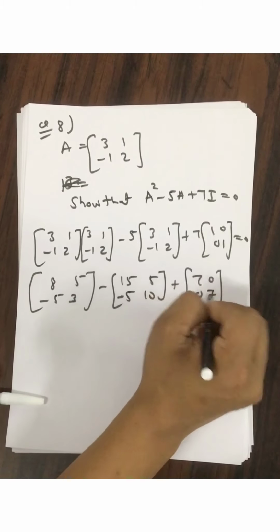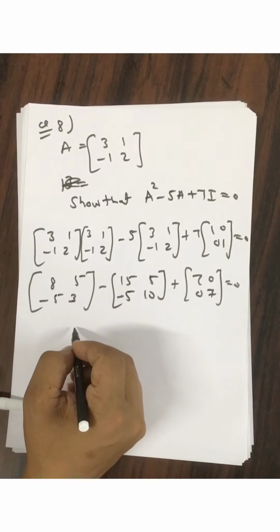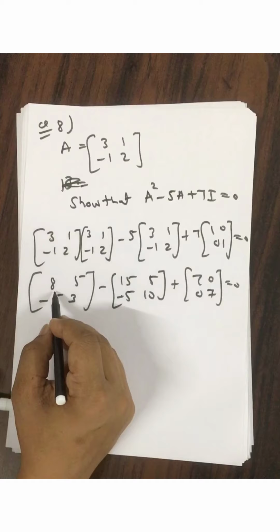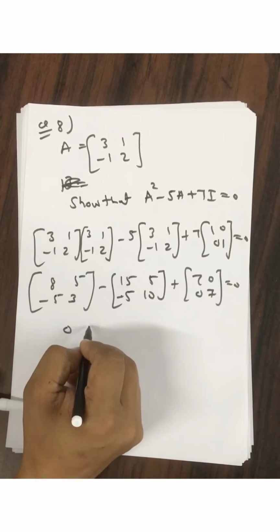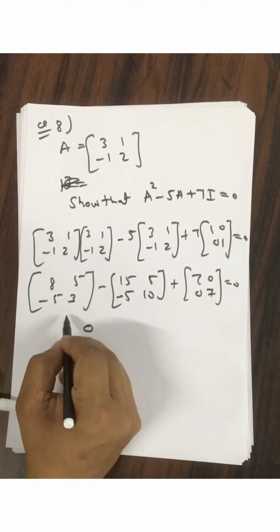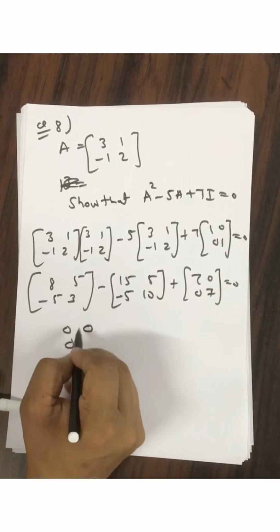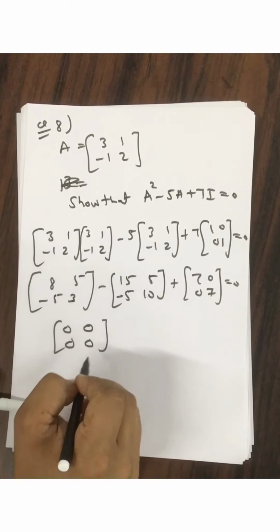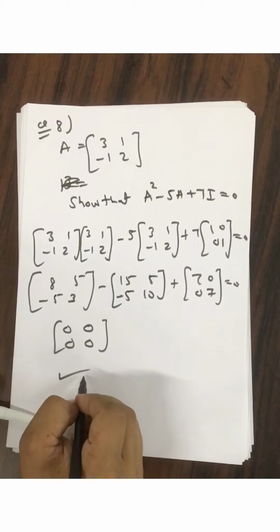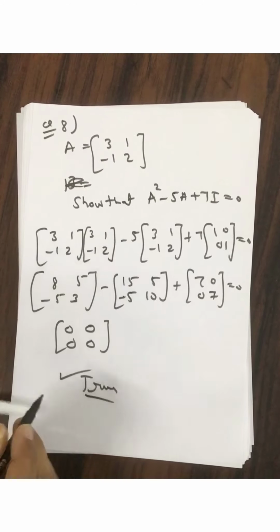Now you multiply it. 8 minus 15 is minus 7, plus 7 is 0. Second, 5 minus 5 is 0, and this 3 minus 7 plus 7 cancels. That's correct. Very good. Simple question.